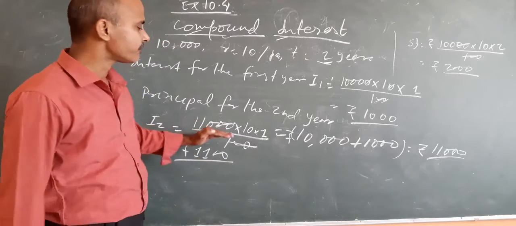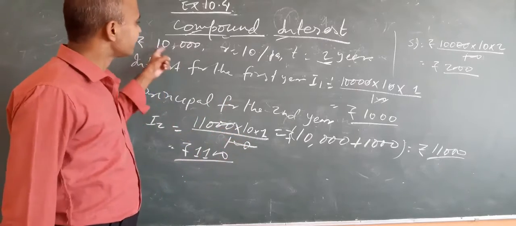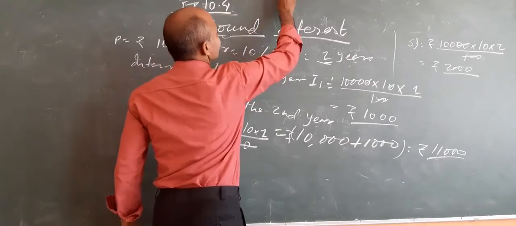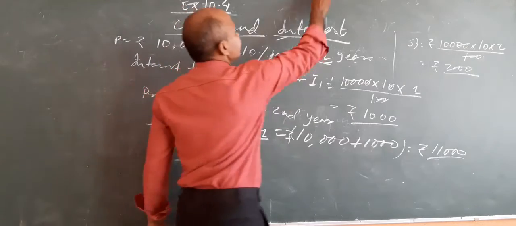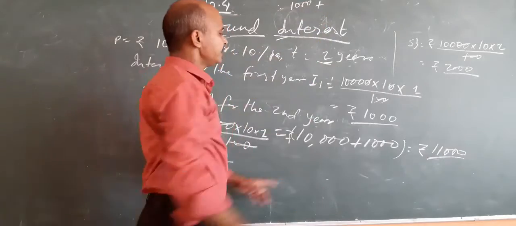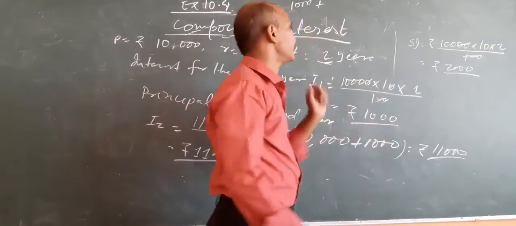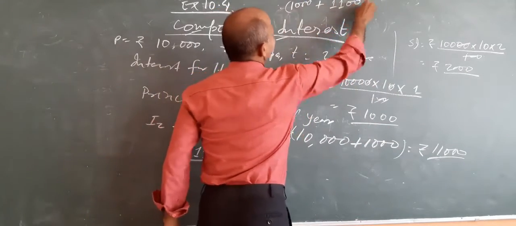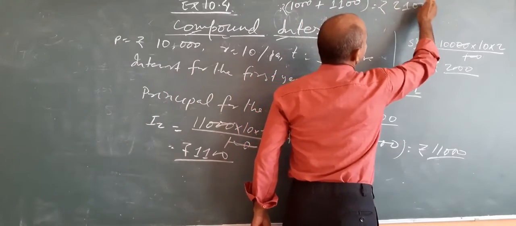This is the interest for the second year. What is the compound interest on the sum for the whole period of time? Compound interest is equal to the interest for the first year plus the interest for the second year: 1,000 plus 1,100, which comes to rupees 2,100.